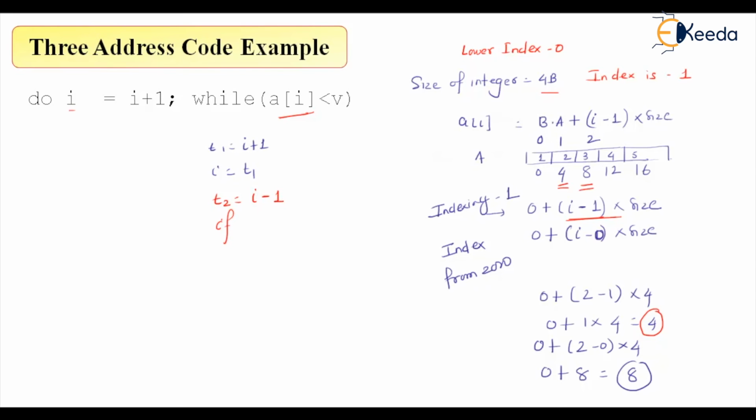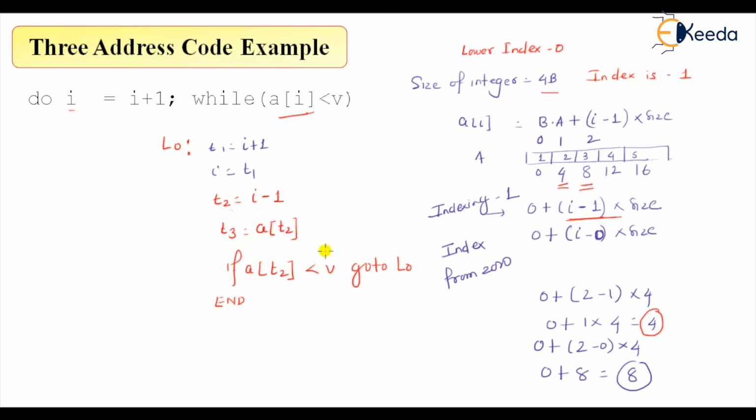One more statement: t3 is equal to a of t2, and then I'll write if a of t2 is less than v, then go to, let's say, L0, and let me call it L0. Otherwise, I'll just say end.